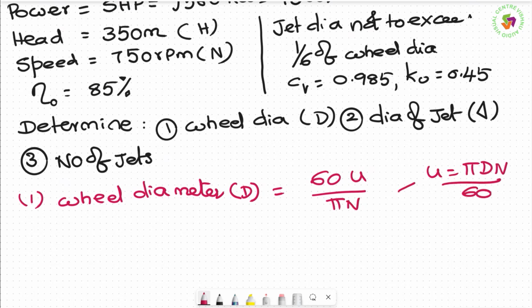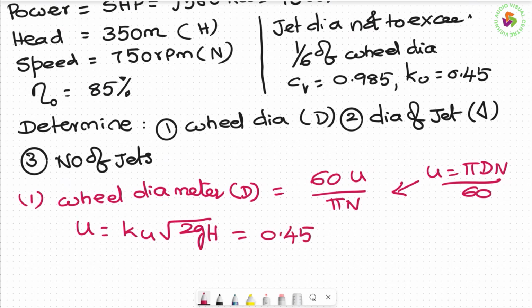From this we can get this. So U is equal to KU into root 2gH. KU he has given as 0.45, into 2 into 9.81 into H, which is 350. This is over, U is obtained.